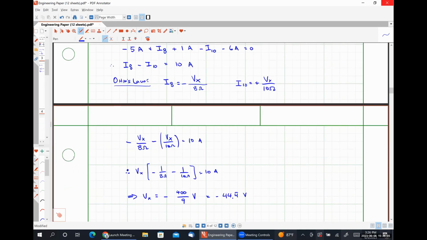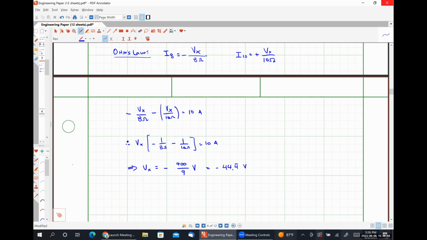Then we did a little bit of algebra and solved for that unknown voltage Vx. Okay, so we've now talked about Ohm's law, Kirchhoff's voltage law, and Kirchhoff's current law. Does anybody have any questions?